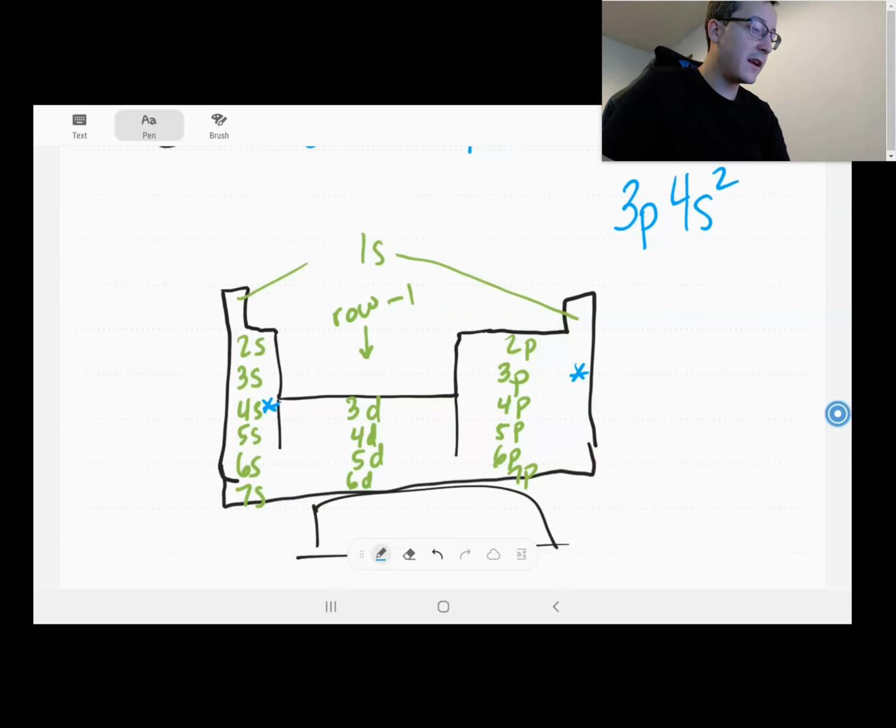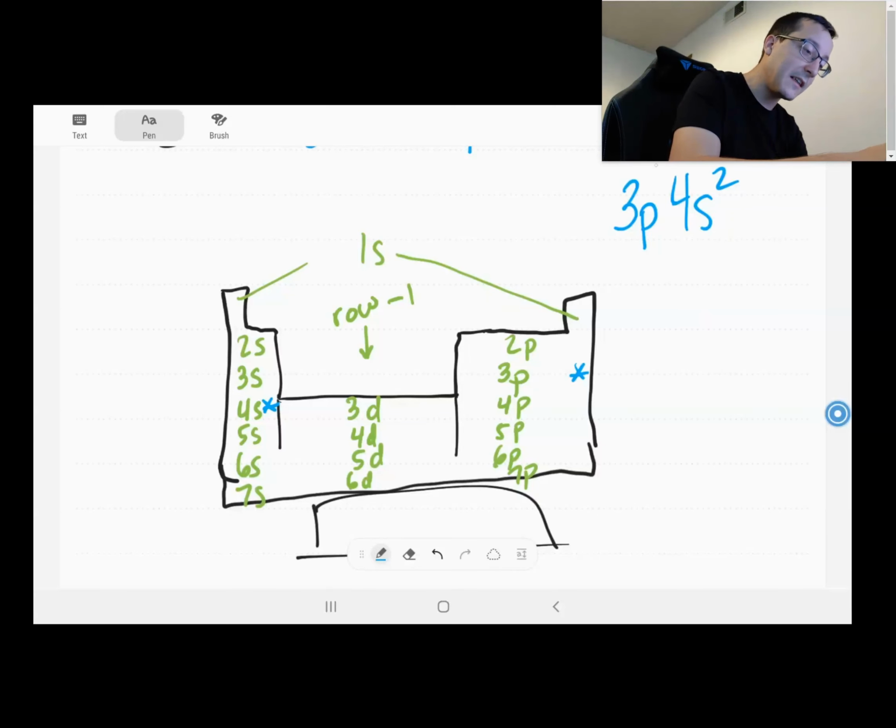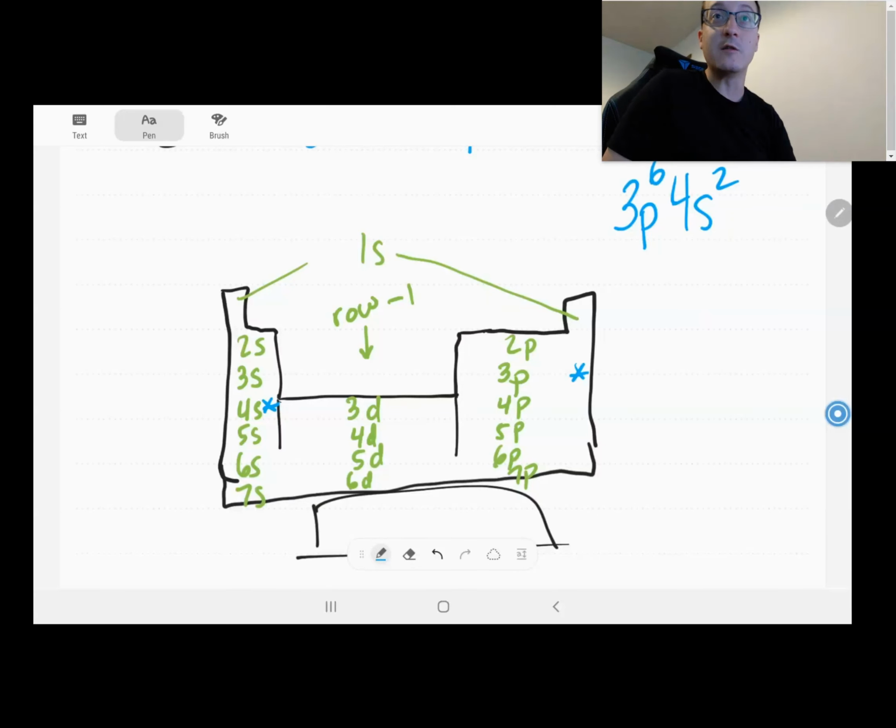All right, and how many electrons can the p subshell hold? Yeah, p can hold 6 overall, right? And if we go from aluminum to argon, we're going to see there are 6 elements there. And since calcium is past all of those, we're going to use all of the 6.